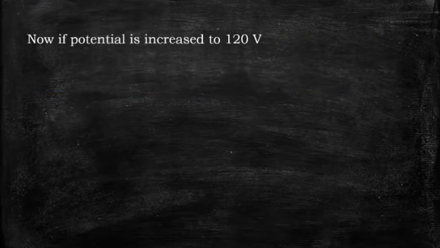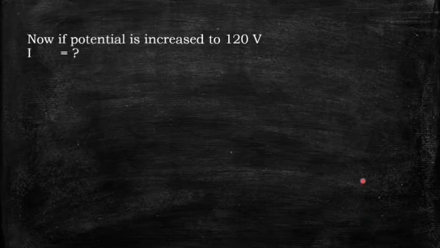Now potential difference is increased to 120 volt. Initially it was 60, it has been increased to 120 volt. What is the current they are asking? Now we know the resistance is 15 ohms, voltage is 120 volts.